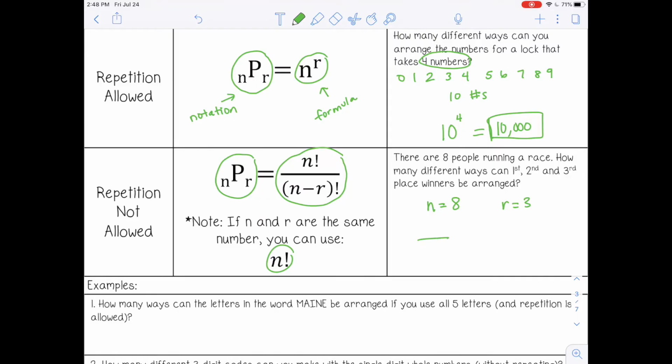So in the numerator is 8 factorial, and then in the denominator, 8 minus 3 factorial. So 8 factorial over 5 factorial. And you can use your calculator. Most calculators will have a factorial button. You may need to pause the video and find it. So if you need to do that, go ahead and do that now.